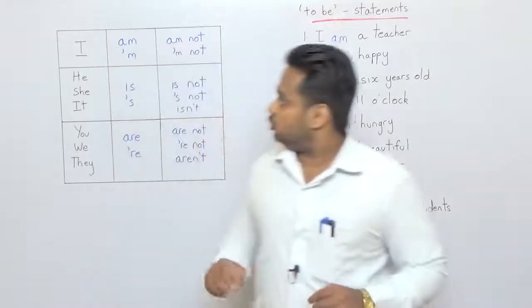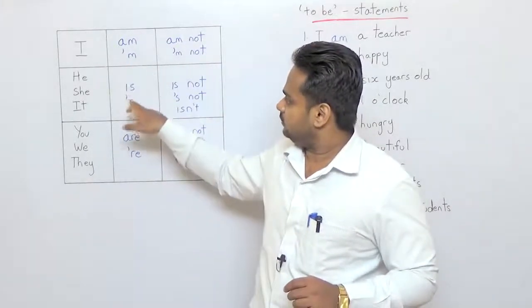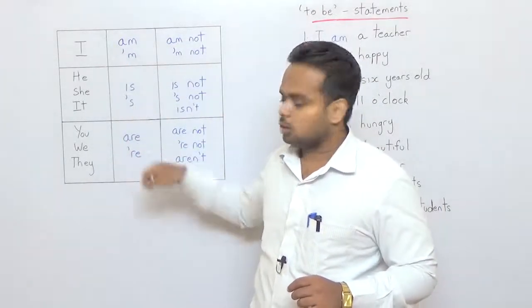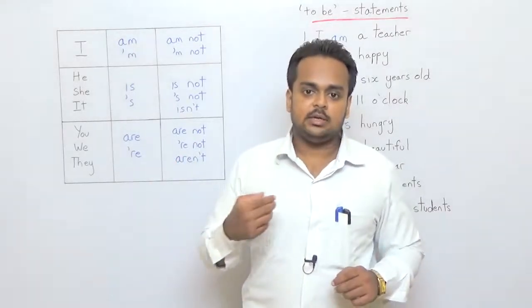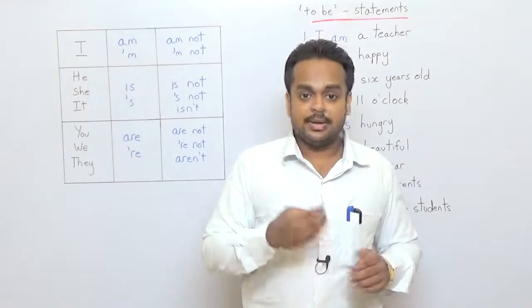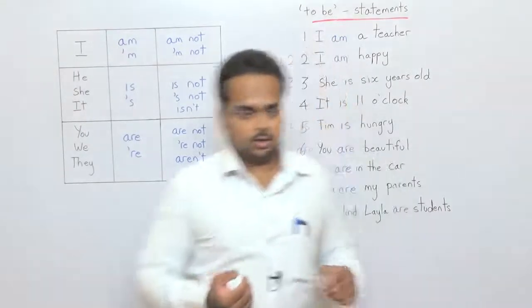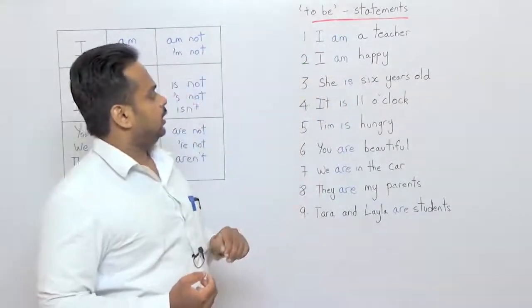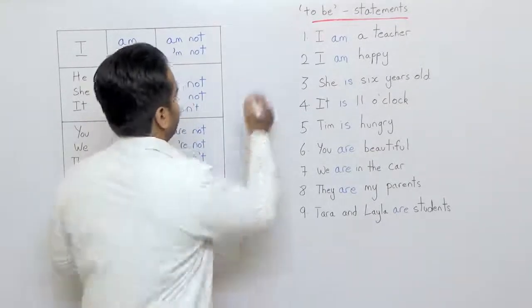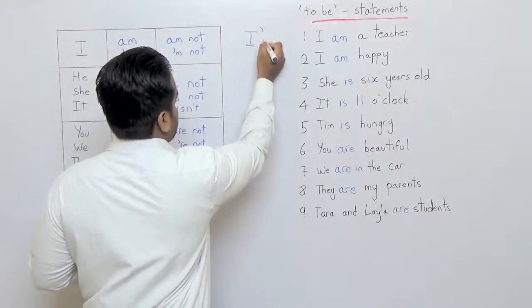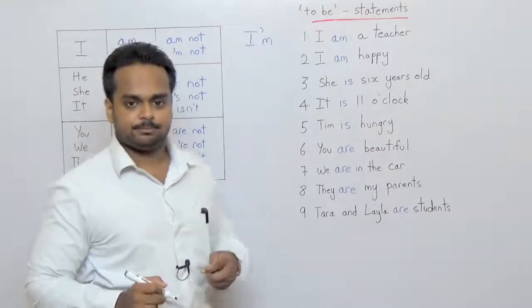Now you notice here that I have these short forms. Those are how we use am, is, and are in speaking. So this example, I am a teacher, we would shorten that. We would say I'm.